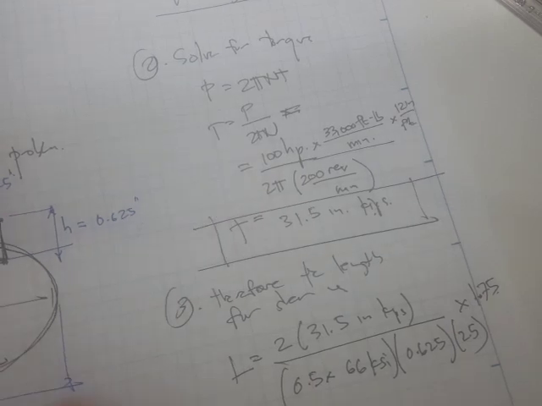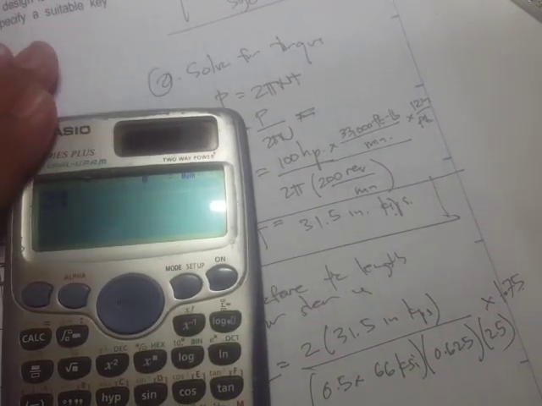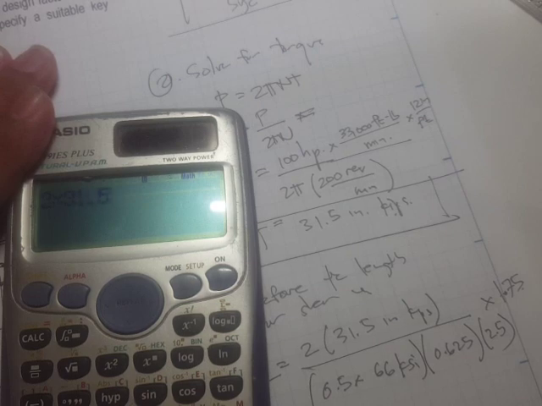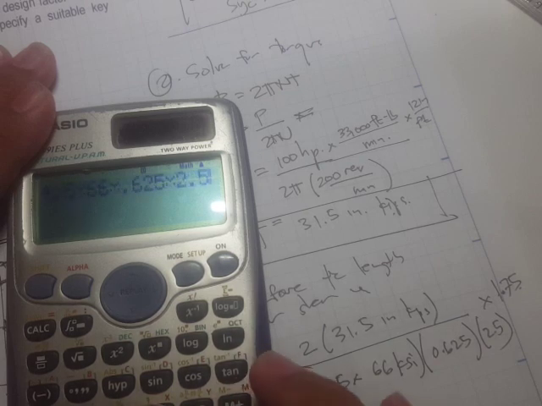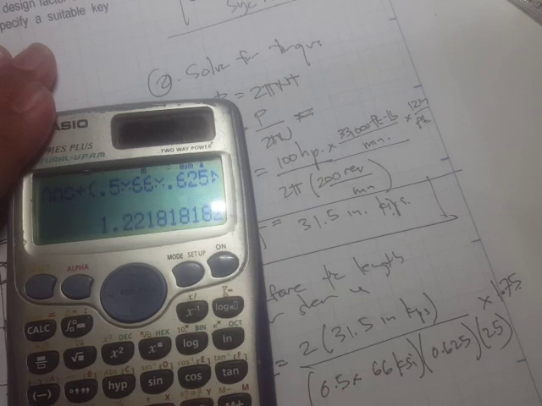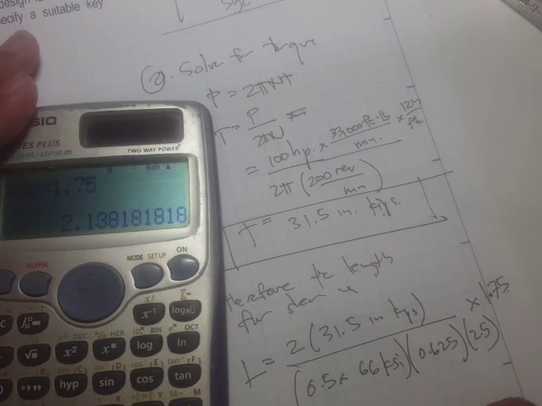So 2 times 31.5, divided by 0.5 times 66 times 0.625 times 2.5, times 1.75, that's 2.14 inches.